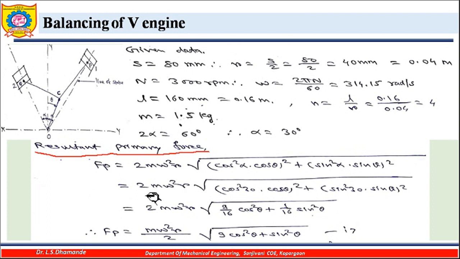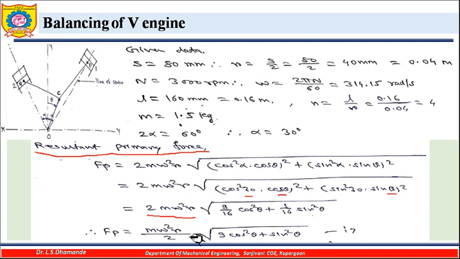So you are going to put the values of the different components in this case. So alpha is nothing but equal to 30 degree, and here theta is written as it is, because we have to find out the theta where you will get the maximum value. So again you write the constant as it is, 2 m omega square r, and cos square 30 is written as 9 by 16, and sin square 30 is written as 1 by 16.